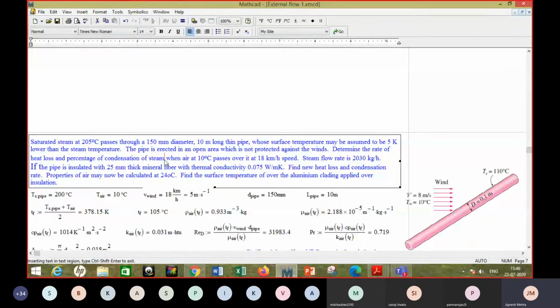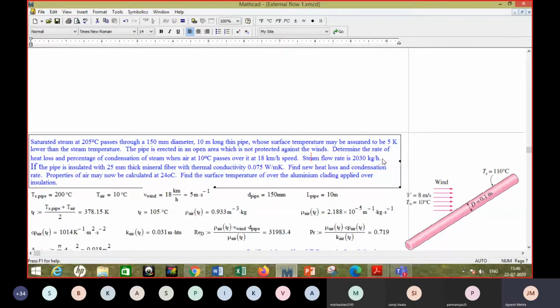Okay, so we want to find out basically the rate at which the heat loss occurs from the surface of the pipe. Air is taken at, let's say, some winter case, some extreme case, at 10 degrees Celsius, and the wind speed is 18 kilometers per hour, and the steam flow rate is given as 2030 kilograms per hour.